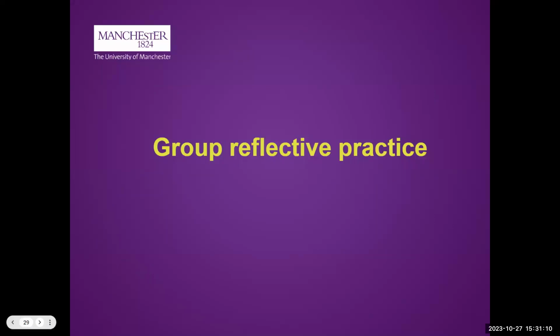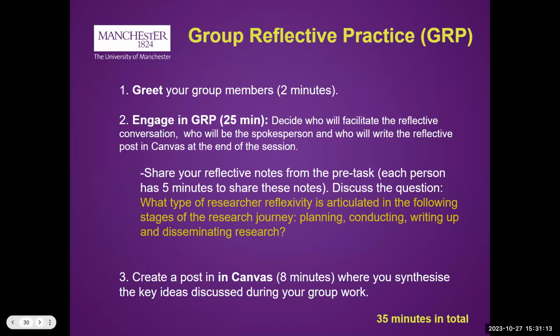Right, let's move on to our group reflective practice, where we're going to explore a pre-task, what you answered for that pre-task. The homework here is not homework, but we need to do it here in class. The goal is to connect the questions in the pre-task with the reading that you did this week, and discuss the question: what type of reflexivity or research reflexivity is articulated in the following stages of the research journey?